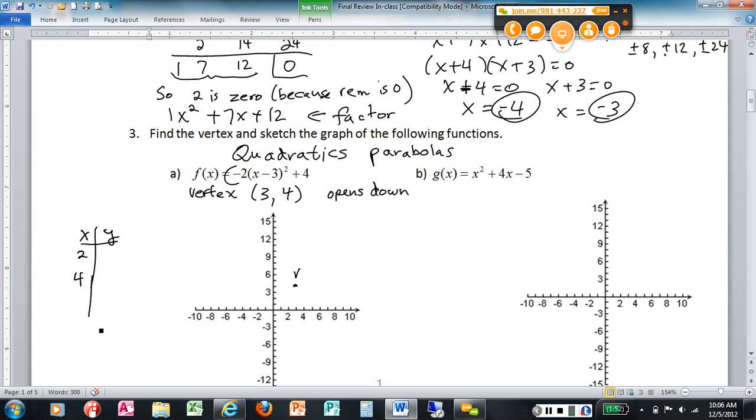Oh, yeah. The other thing, which that would be what? Negative 2 times 1 squared is negative 2, plus 4, so that would be positive 2. 2, 2, and then 4, 2. Also, that's what you get, I believe. So those are a couple of good points.